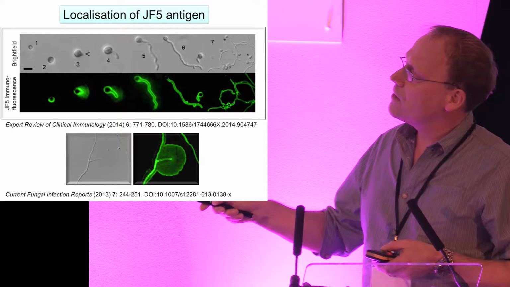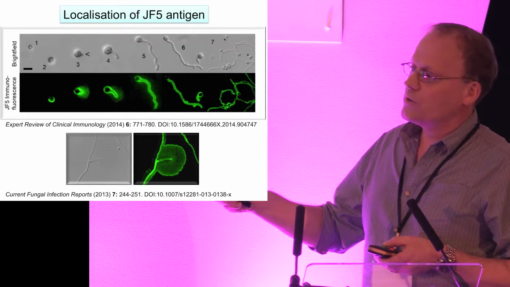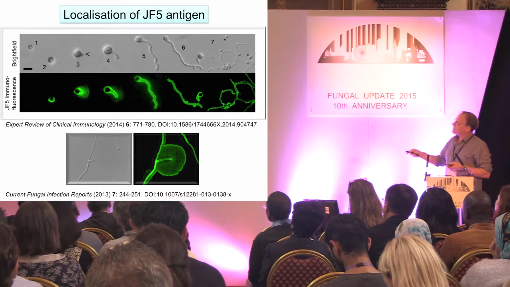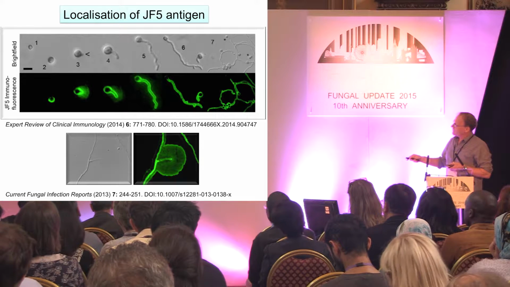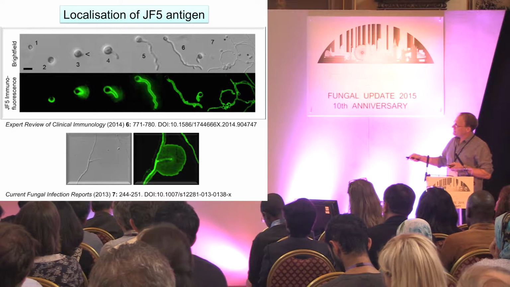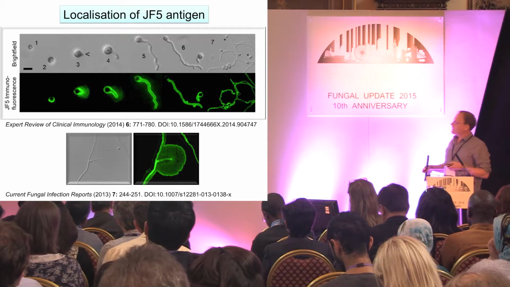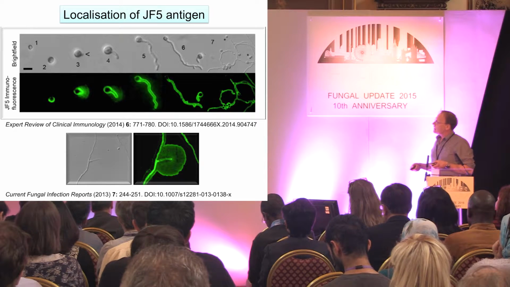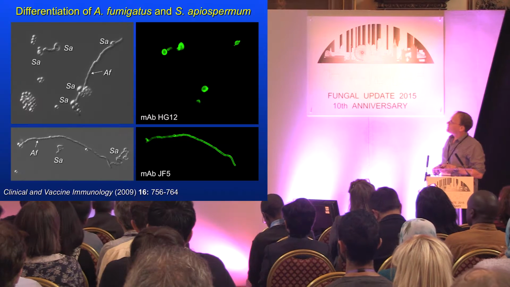There's no detection of the antigen with the monoclonal antibody in the dormant spore. It's only where it starts to swell and go into the active growth phase that you get antigen. And this is immunofluorescence of an invasive hypha, and you can see the massive amounts of the mannoprotein being produced by the actively growing hyphae. So it's a really good diagnostic target for specifically detecting activity of the fungus.